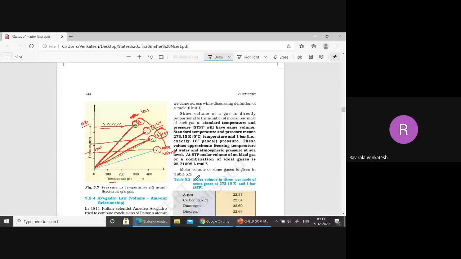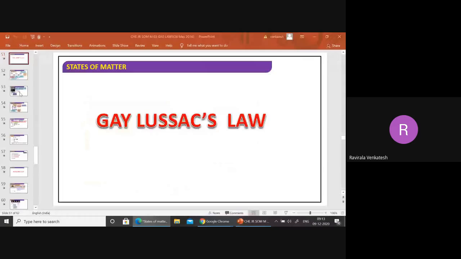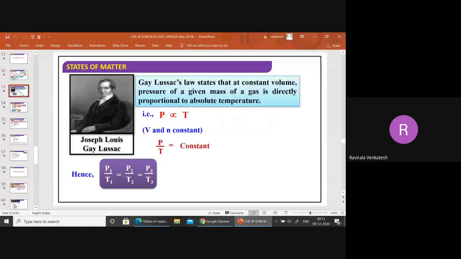Now let me see. This is the formula we can write directly. P is directly proportional to T. Remove the proportionality sign and we get P equals KT. In that case, P by T is equal to a constant.